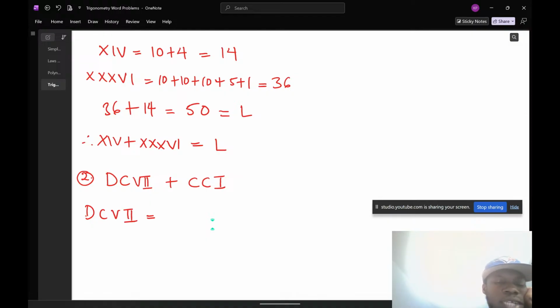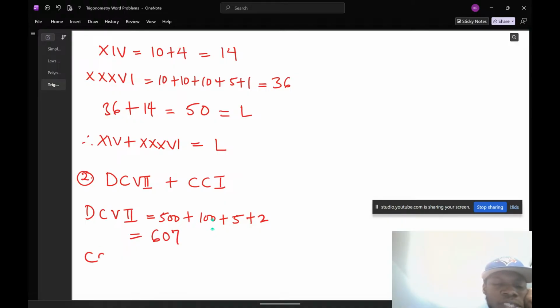We know that D is 500, C is 100, V is 5, II is 2. So 500 plus 100 will give us 600, plus 5 plus 2 is 7. So 600 plus 7 will give us 607, right?